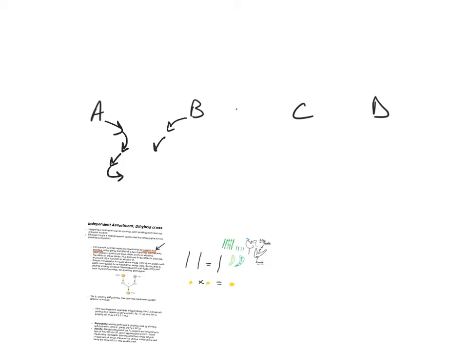So these are all making proteins, and they're all impacting each other. Some might change this enzyme, which changes that enzyme, which makes this protein, which makes this protein. And you get a certain amount of melanin.